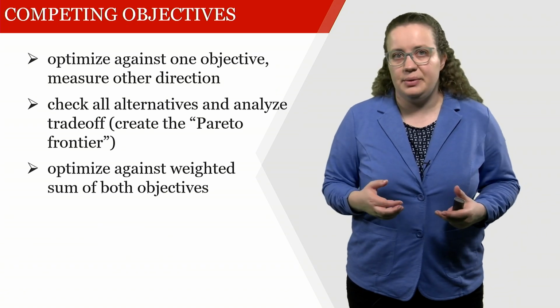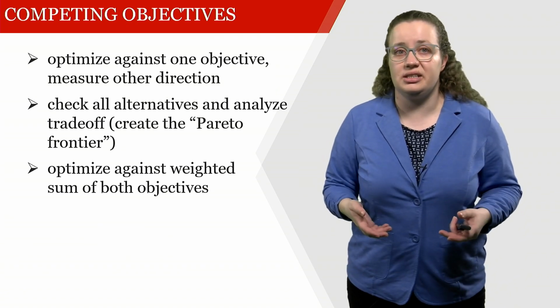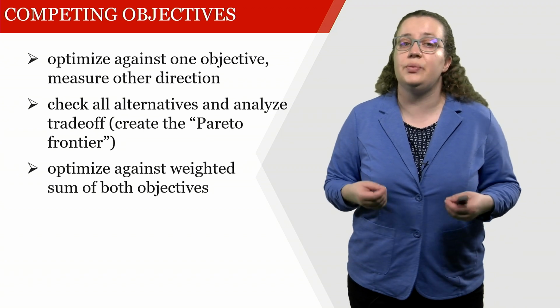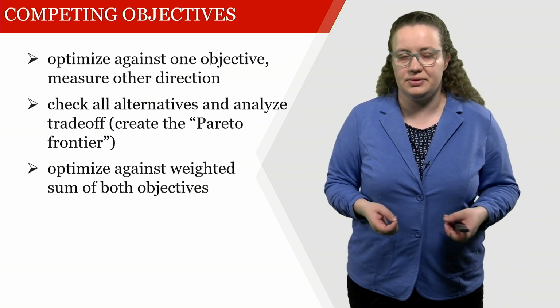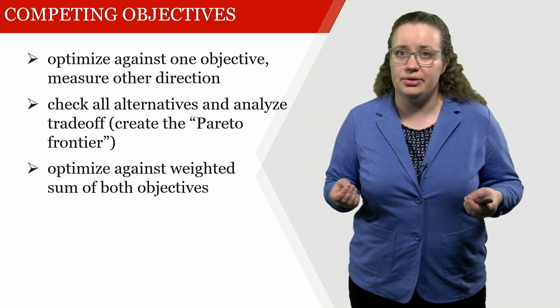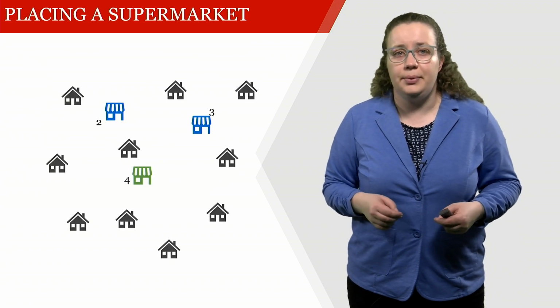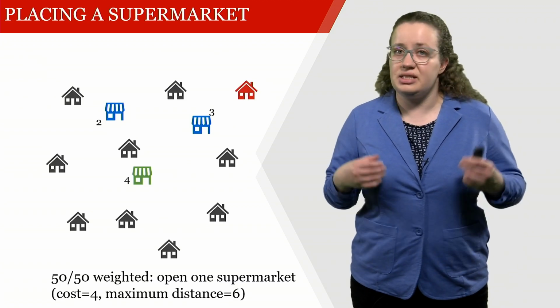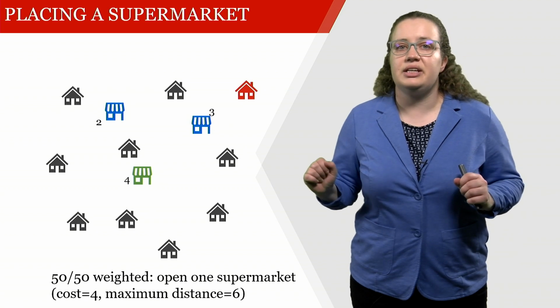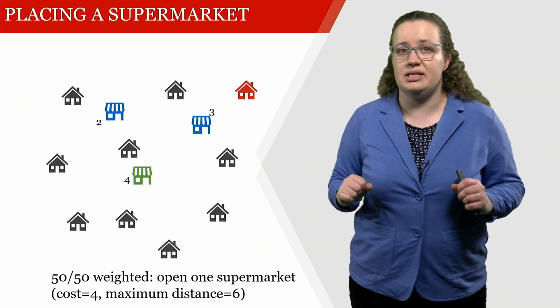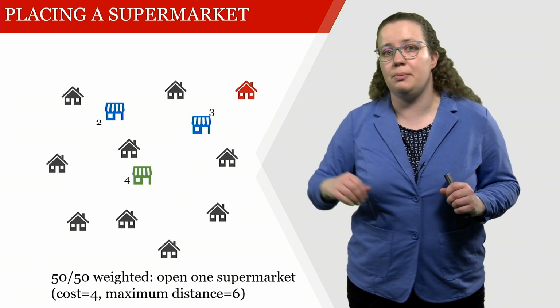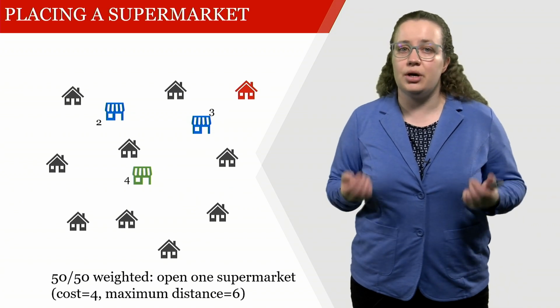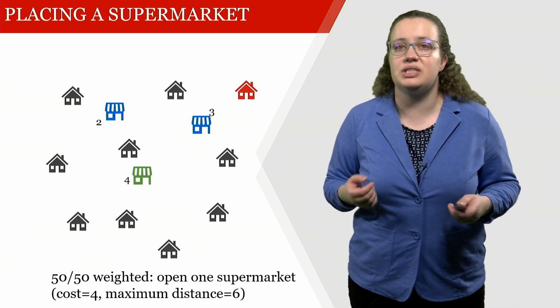The next option that we have, if we have competing objectives, is we can optimize against a weighted sum of both objectives. Now let's look at how this looks. For example, if we weigh our objectives 50-50, then the customer who is furthest away is this customer up there because we opened this supermarket down here, which gives us a cost of 4 and a maximum distance of 6.